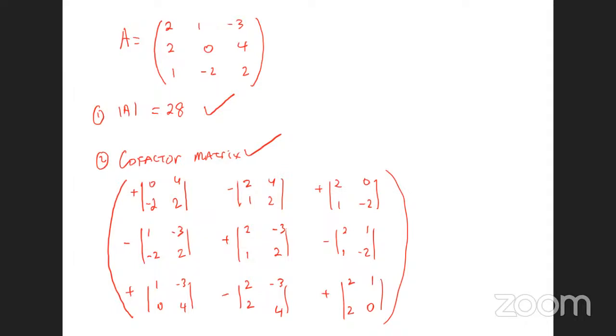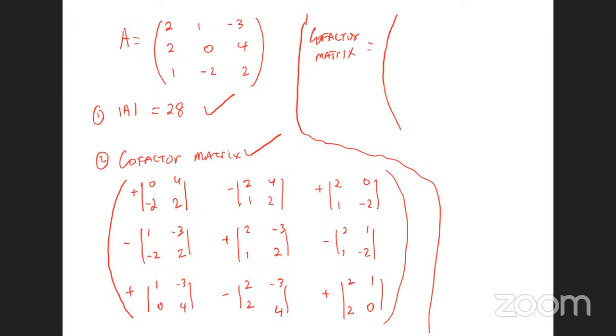Now we have to work it out. Right, you can work it out and see if you get the same values as me, right? The first one I got +8. Next one is 4 minus 4, that's 0.